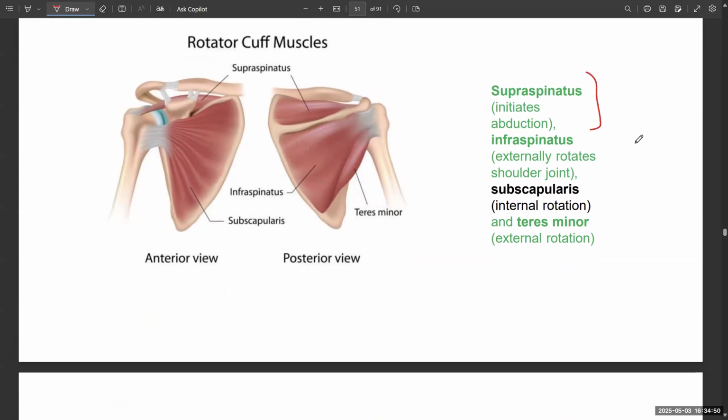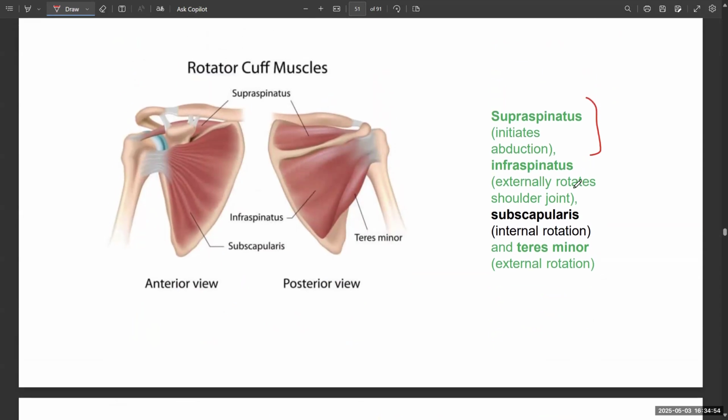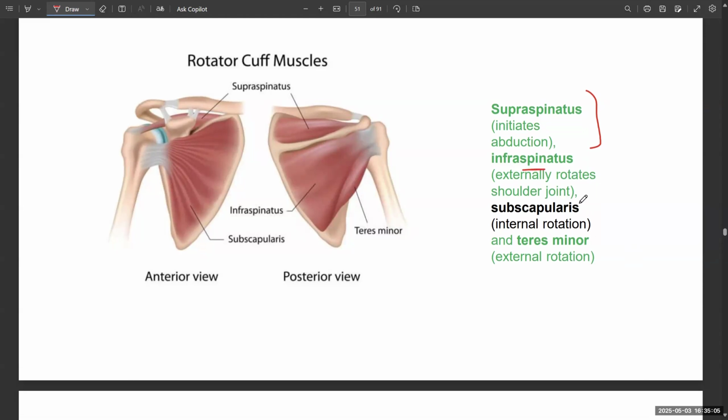So if there's no abduction, then the arm is just adducted. Okay, infraspinatus externally rotates. So the arm in the palsy is medially rotated, which means it is internally rotated. Okay, so that means that the infraspinatus is not working. The subscapularis is working because it causes internal rotation, and our arm is already internally rotated. The teres minor, however, is not working as well because it causes external rotation.